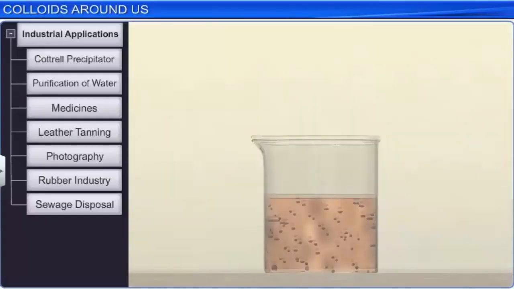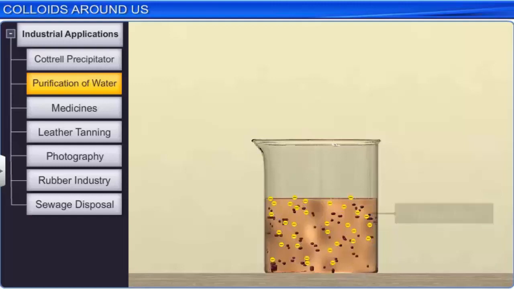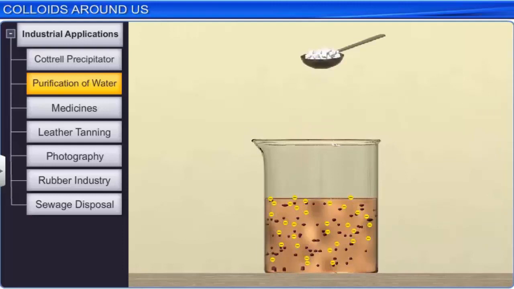Another important application of coagulation of colloids is the purification of water. Water from natural sources often contains impurities that are colloidal in nature. Precipitating these colloidal impurities can be carried out by adding certain electrolytes like potash alum or aluminium sulfate.